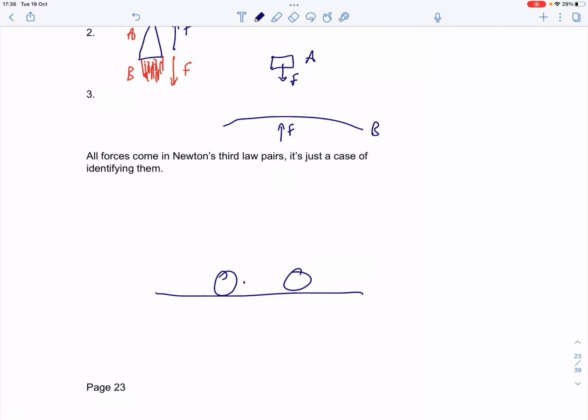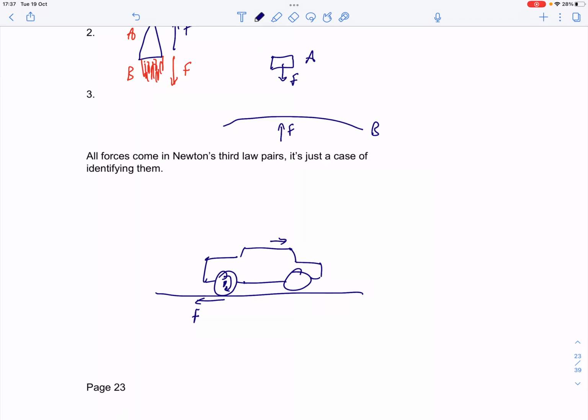Let's have a car. So we've got a car here. Can't draw cars very well, but I'm just going to try anyway. There we are, there's your car. And this is the driving wheel here, and the driving wheel is pushing with a frictional force against the ground, and it's pushing the ground in that direction as it spins this way. The car's going to head off in this direction.